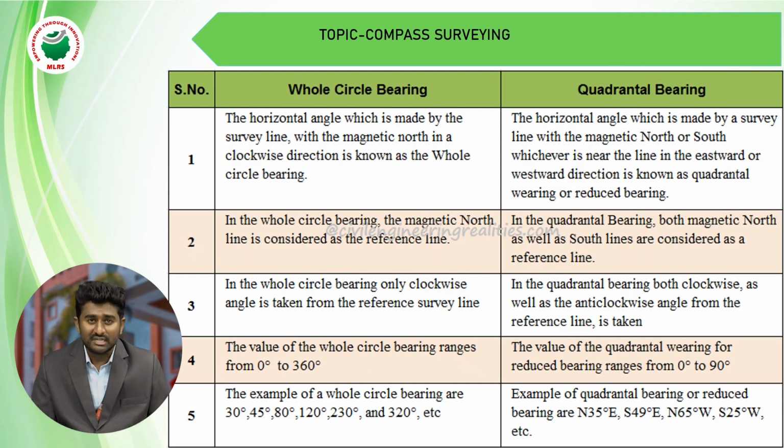Next, whole circle bearing system and quadrantal bearing system. The variation between the whole circle bearing system and quadrantal bearing system. In the whole circle bearing system, the horizontal angle made by the survey line with magnetic north is measured in the clockwise direction. The whole circle bearing system is used in the prismatic compass only. In the quadrantal bearing system, the horizontal angle is measured from 0 to 90 degrees. The quadrantal bearing system is used in the surveyor compass only. In the whole circle bearing system the direction is clockwise only.